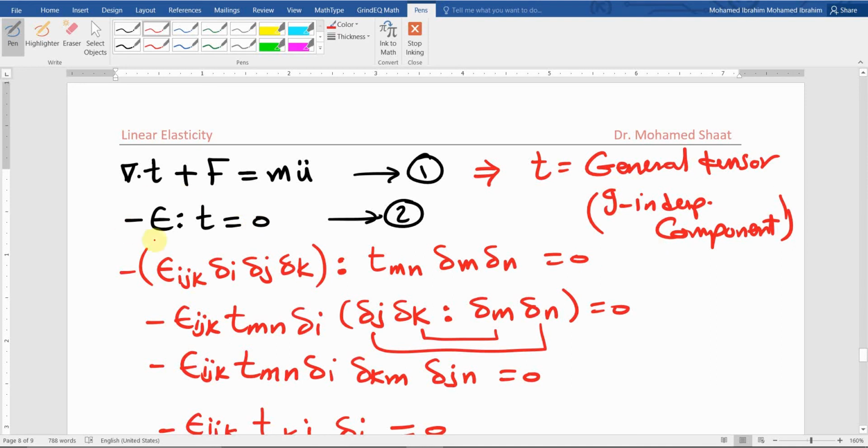This is the skew symmetric part of the tensor. Or to be more accurate, 1 over 2 times epsilon double dot T gives the skew symmetric part of the tensor T, which should be 0 according to the second equation of the dynamic equilibrium of the continuum, right?